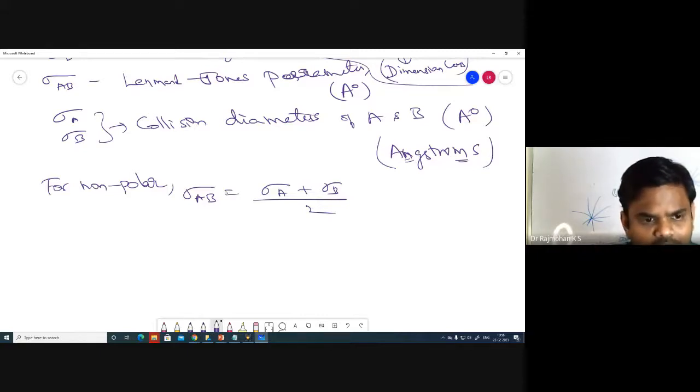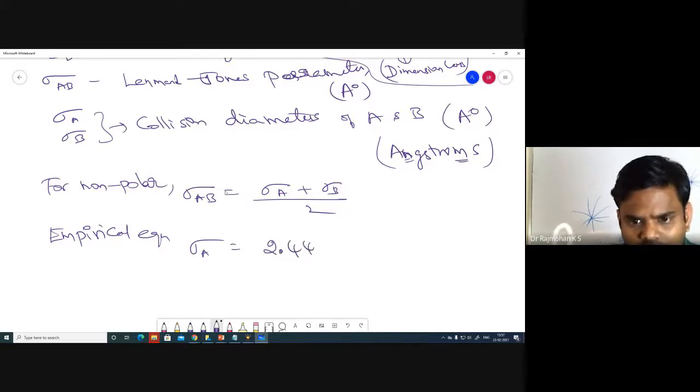An empirical equation is there to determine sigma A: 2.44 into critical temperature of A divided by critical pressure of A, power 1 by 3.